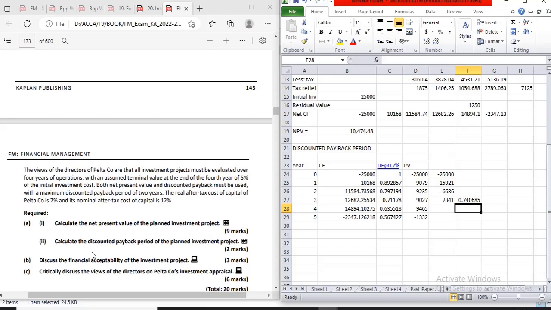It means 2.7 is greater than the maximum target discounted payback period of 2 years. So from this point of view, this project is not financially acceptable. Okay, so you have to write this down in part B.